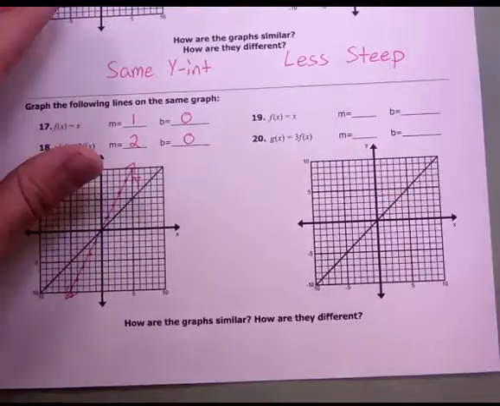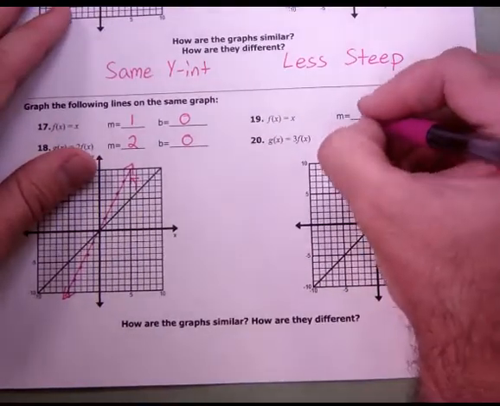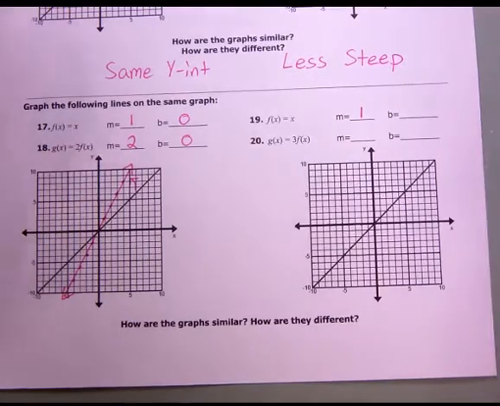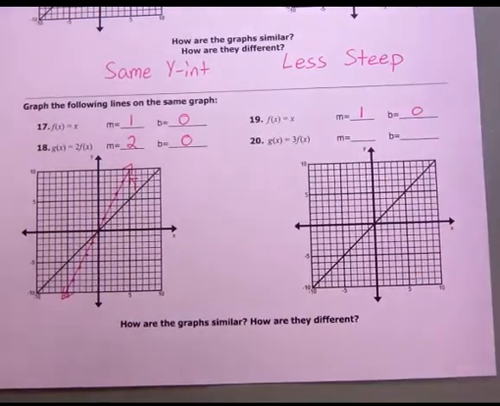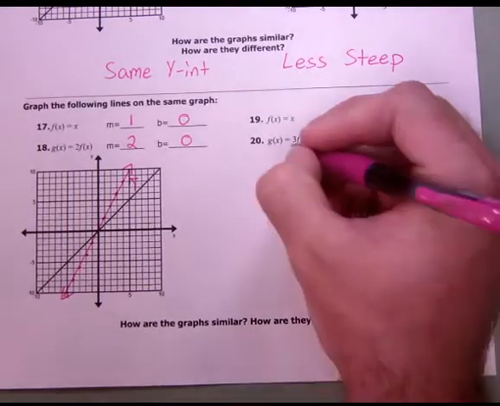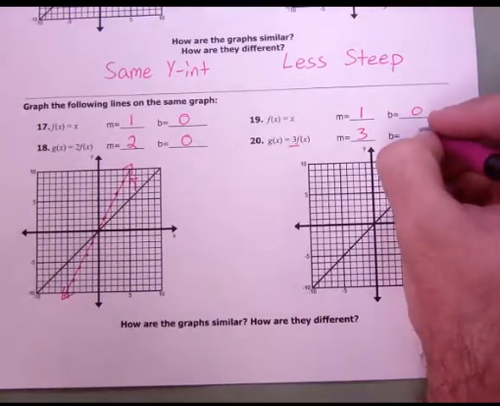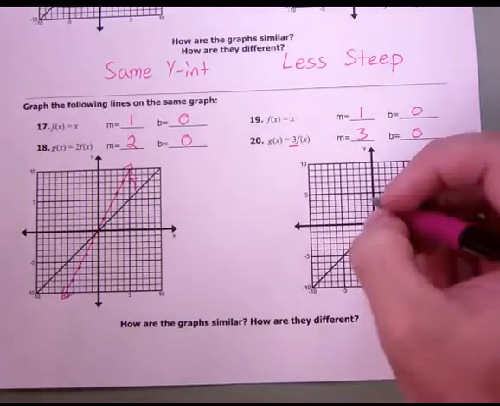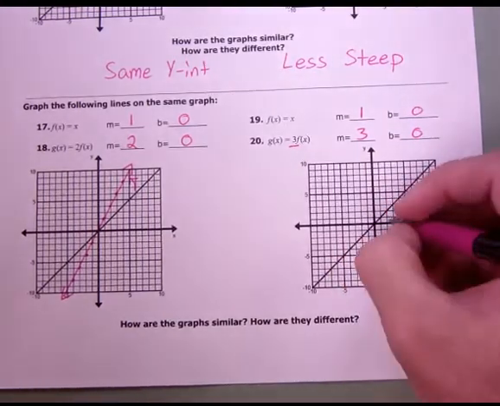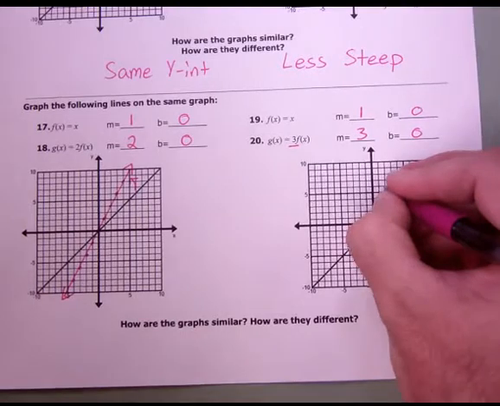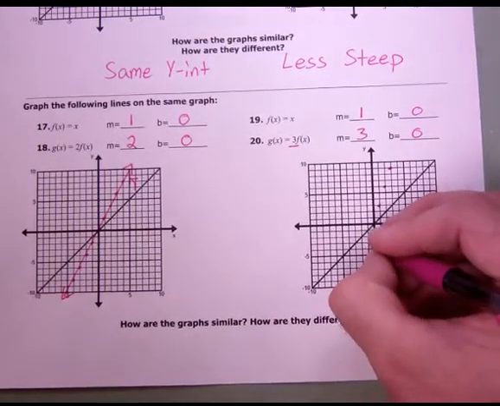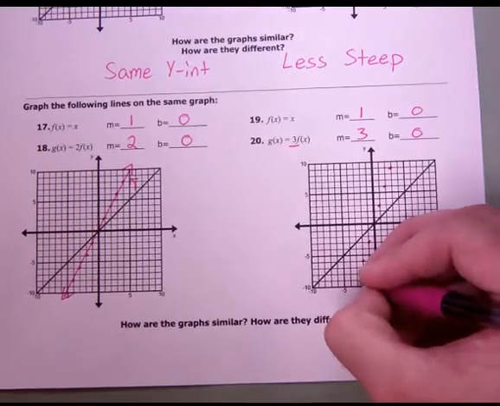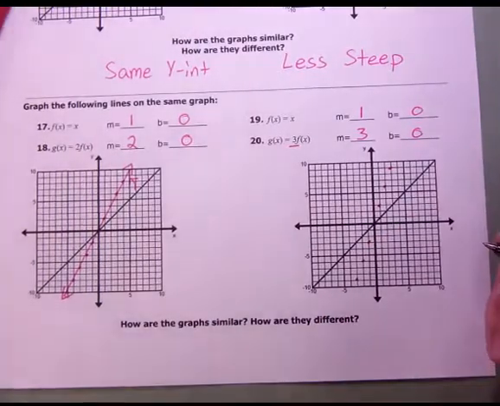And the last problem. We still have your slope for the linear parent function of 1, y-intercept of 0, a new slope of 3, and a y-intercept that still stays at 0. So 0, 0, over 1, up 3, over 1, up 3, over 1, up 3, down 3 over 1, down 3 over 1, down 3 over 1.